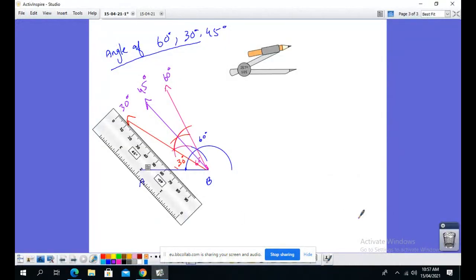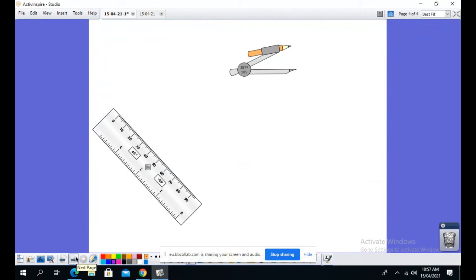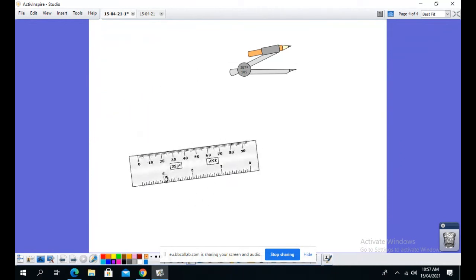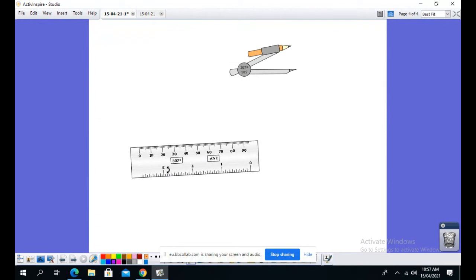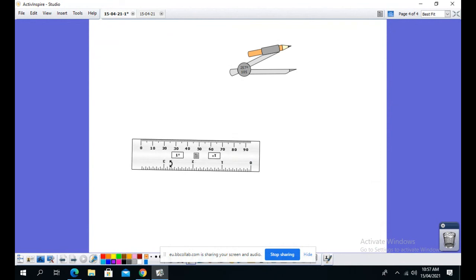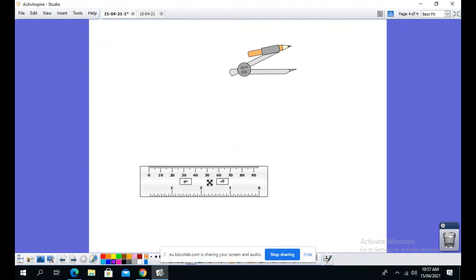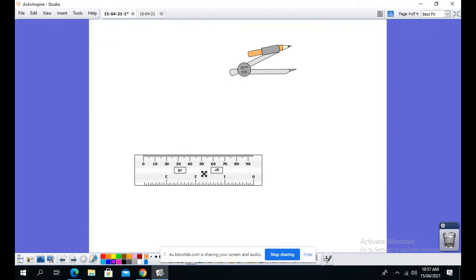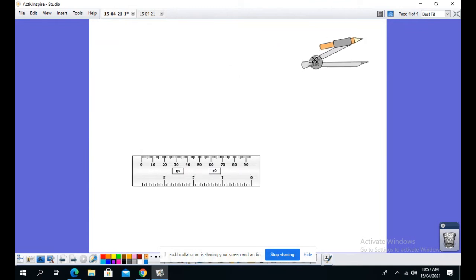Okay. So on next page, we have to draw angles of 90 degree, 75 degree, 105 degree, 45 degree, then 60 degree, 120 degree.